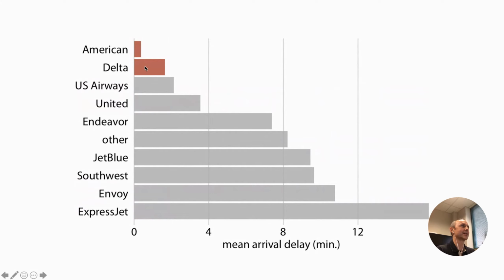I drew them in red to highlight them, and then I drew everything else in gray. There's really no good reason to use different colors here, because I don't really want to distinguish between them. So this is a scenario where I really only need two colors: the two that I want to highlight, which I could have given different colors if I wanted to, and then the rest that I don't want to highlight.